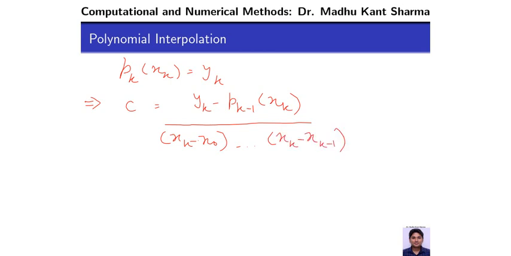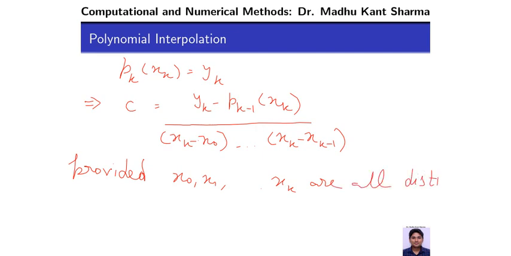This is only possible provided x0, x1 and so on xk are all distinct values. So these polynomials what we have derived are called Newton's interpolating polynomials.